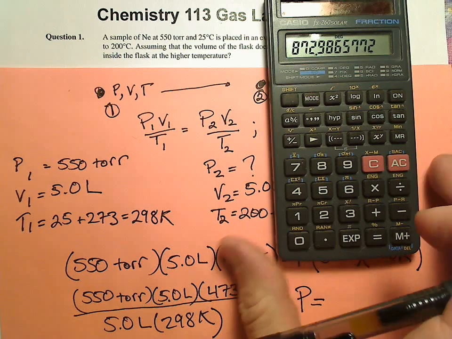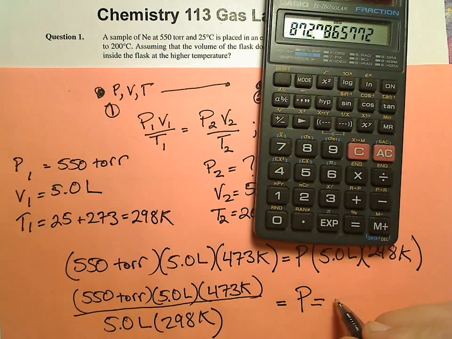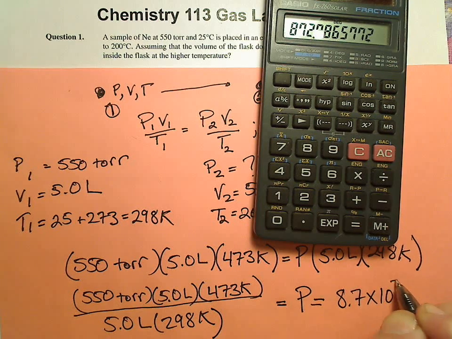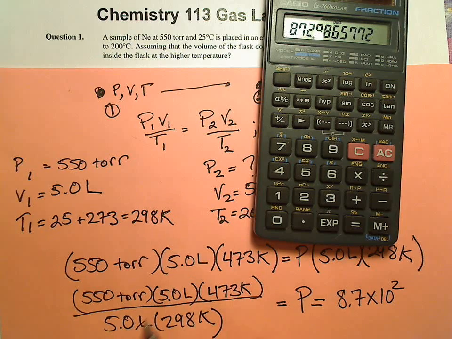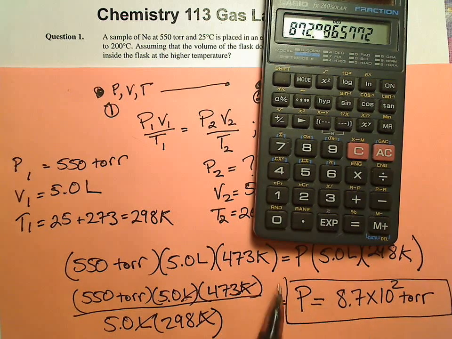So how many sig figs? We're good to 2 sig figs. So 8.7 times 10 to the second. Liters and kelvins cancel, leaving torr, because we're looking for pressure. There you have it.